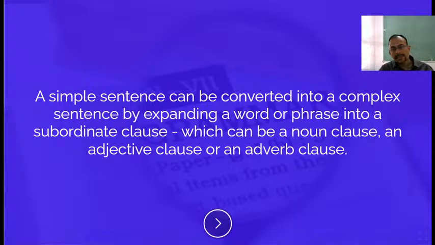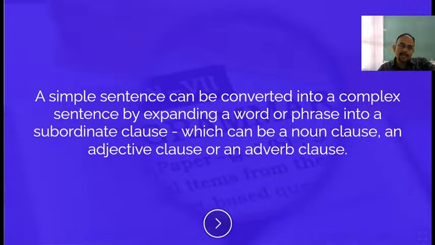A simple sentence can be converted into a complex sentence by expanding a word or phrase into a subordinate clause, okay, which can be a noun clause, an adjective clause, or an adverb clause. Right? It can be a noun clause, an adjective clause, or an adverb clause also.